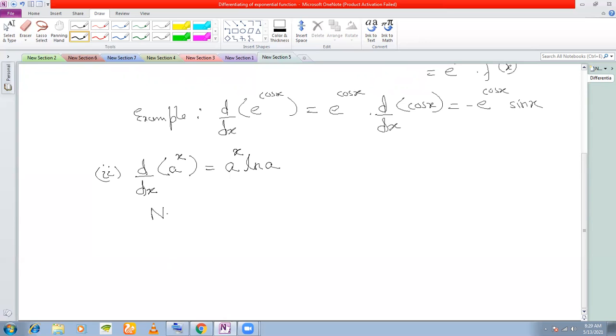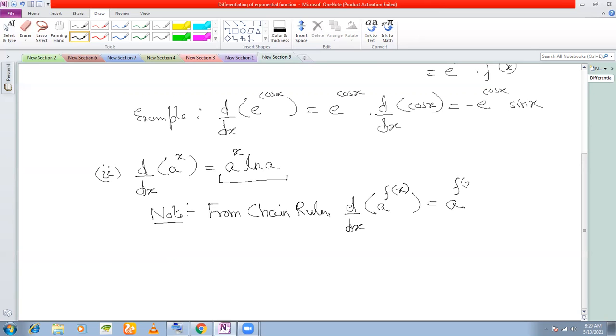Now from chain rule, it can very easily be shown that d/dx of a to the power of f(x). How will you differentiate? First, you differentiate a to the power of x just as above here. So how much do you get? a to the power of f(x) into ln a, right?